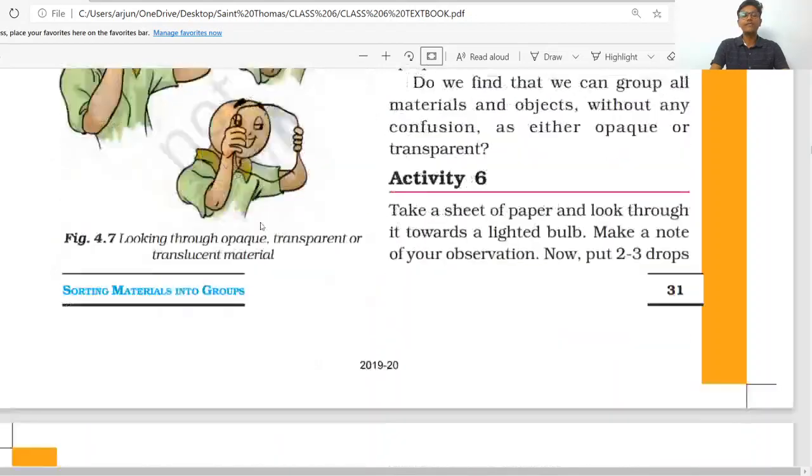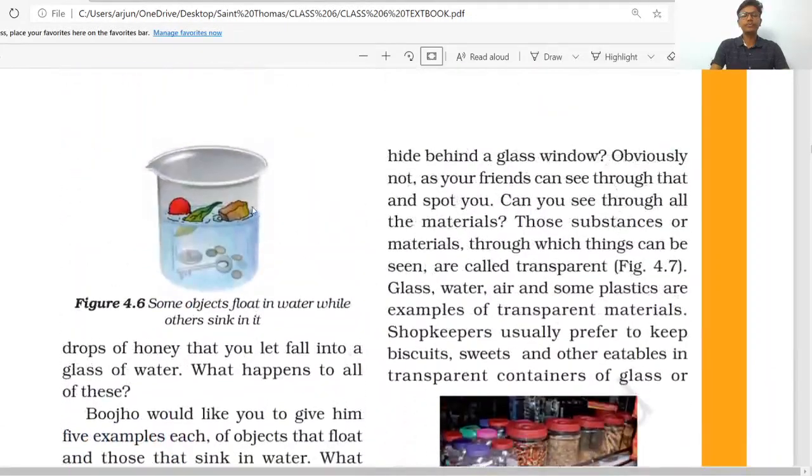Would you try to hide behind a glass window? Obviously, you will not hide behind a glass window because the person on the other side can see you through the glass window. Obviously not, as your friends can see through that and spot you. Can you see through all the materials?